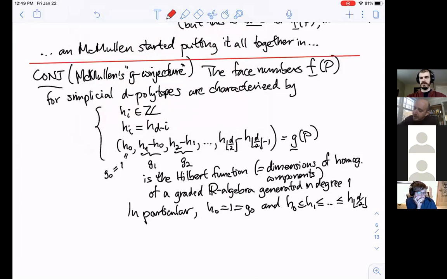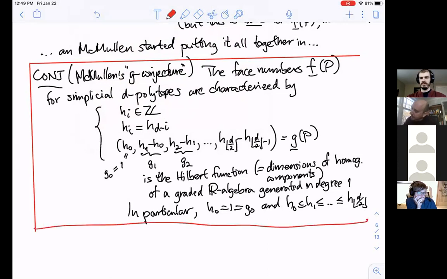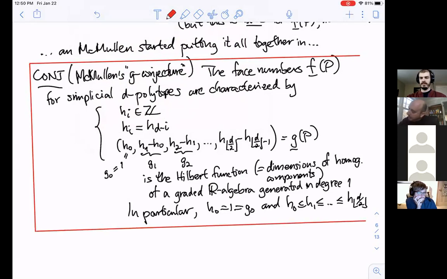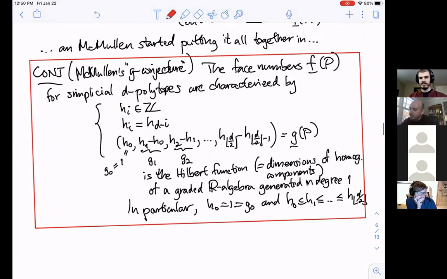It implied everything that people knew, or suspected at the time, and was trying to say, better yet, we ought to be able to just completely characterize what the face numbers of simplicial polytopes look like.